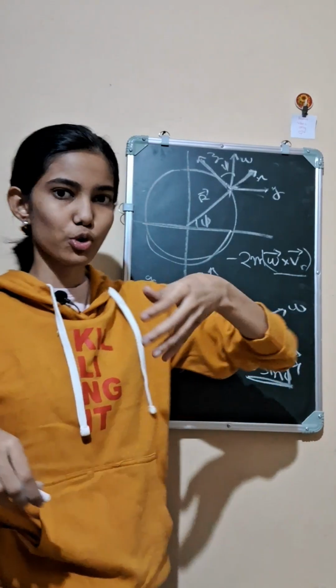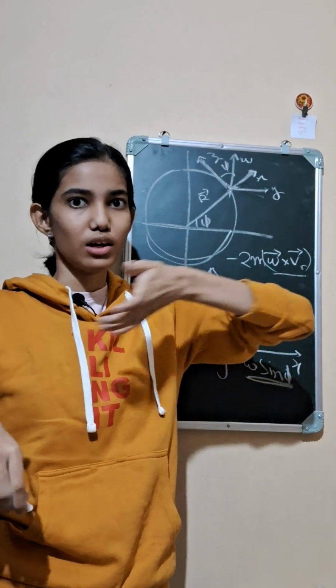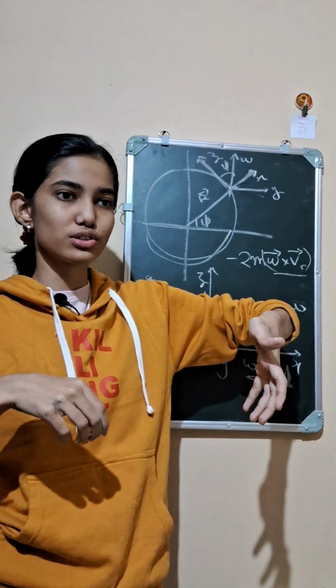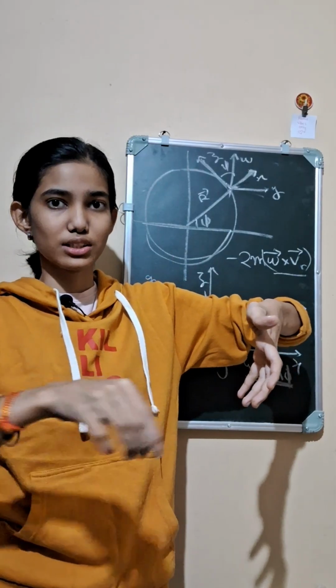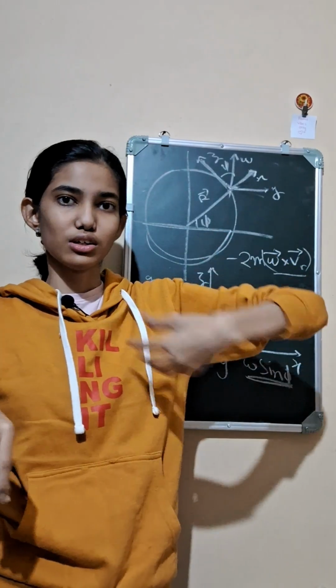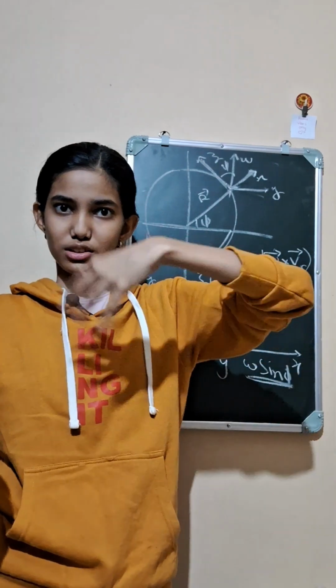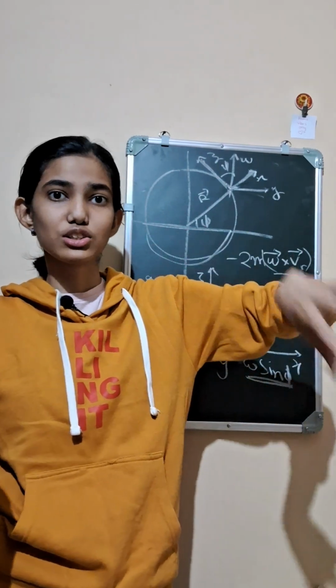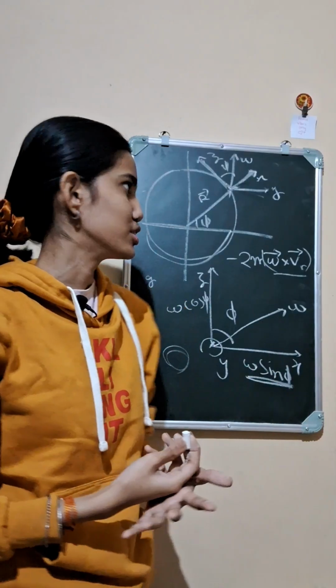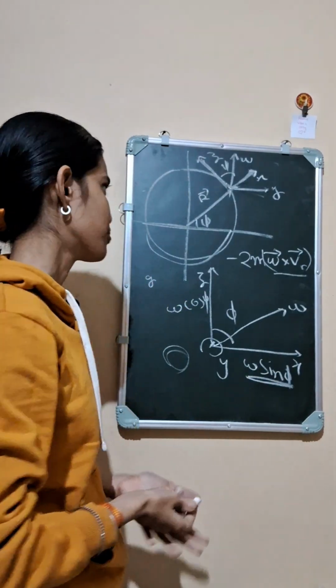Suppose the wind is going this way, the Coriolis force is applied along this direction, so it will just go in this manner, rotate, right? Then a storm will build, and obviously you know the consequences.